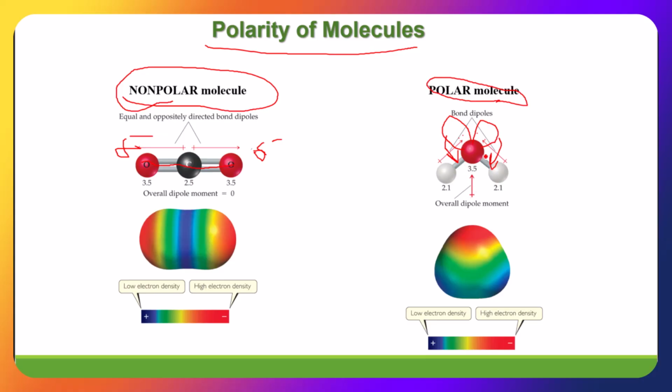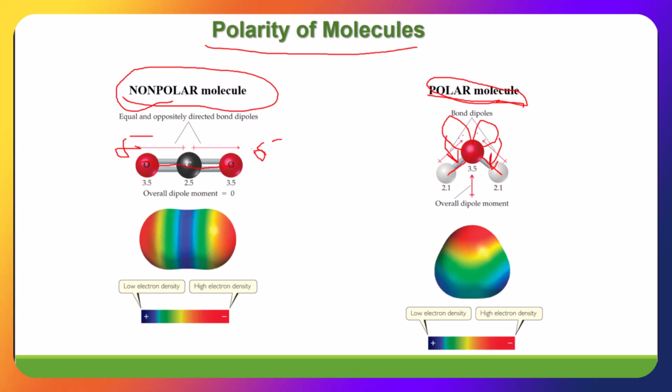This bent molecule with these very polar bonds is a polar molecule because the polar bonds can't possibly cancel when they're at an angle like that. They're actually adding to each other like that. That is a polar molecule.